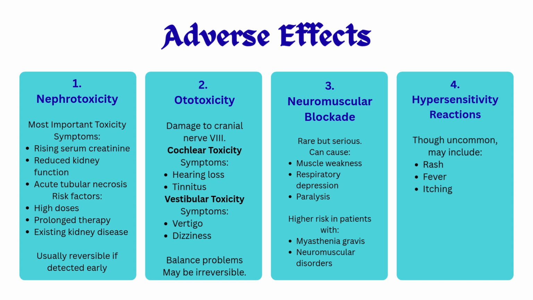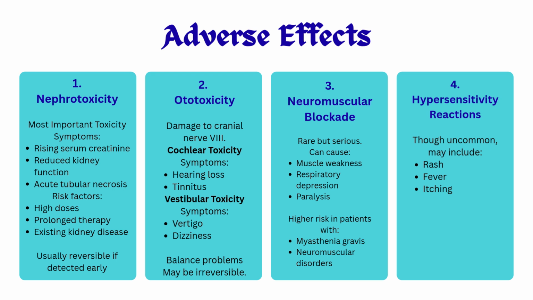Although aminoglycosides are highly effective antibiotics, the use is limited by several important adverse effects. Therefore, careful monitoring is essential during therapy. 1. Nephrotoxicity. Nephrotoxicity, or kidney damage, is one of the most common adverse effects of aminoglycosides.